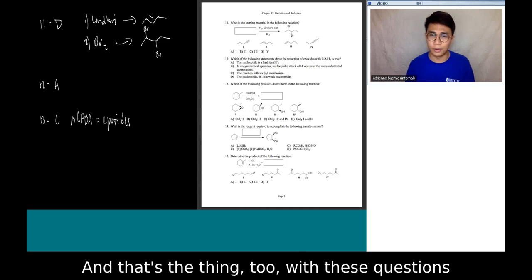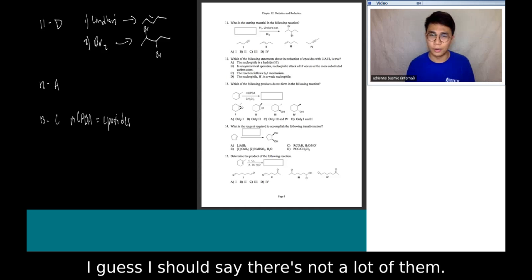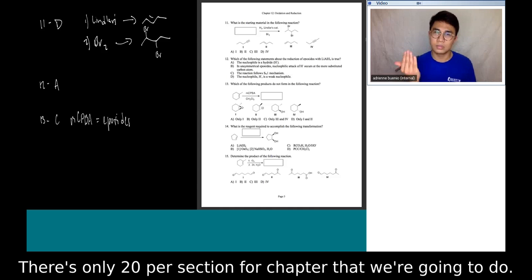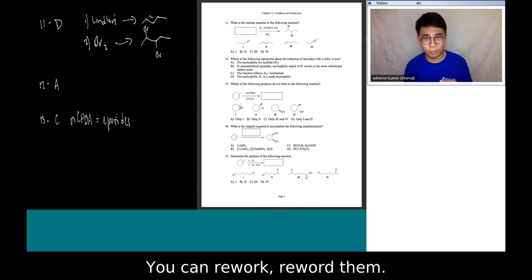And that's the thing too with these questions that I'm giving you. There's not a lot of them. There's only 20 per session per chapter that we're going to do, right? But you can twist these questions around. You can rewrite them, rework them, reword them, right?